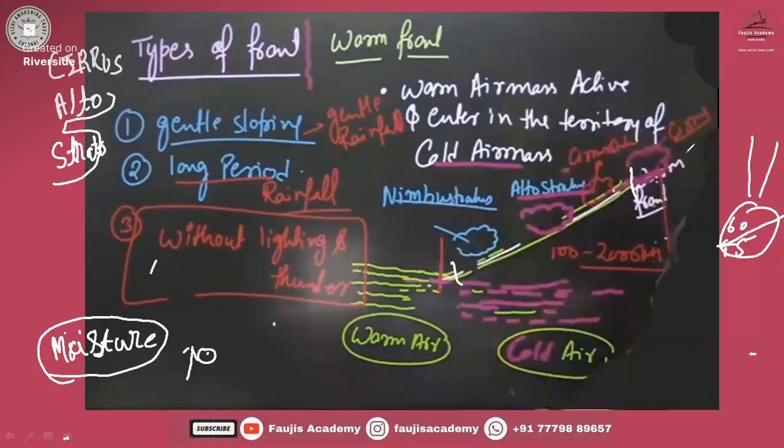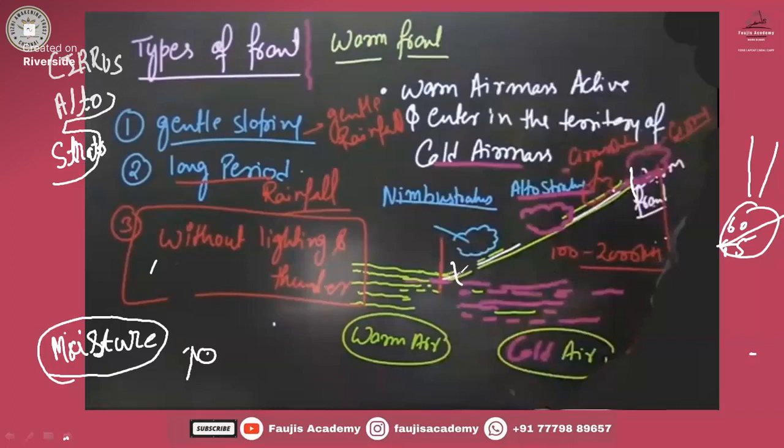Now see this diagram carefully. In this way the clouds are formed, and this warm front spreads to a large distance, 100 kilometers to 2000 kilometers.